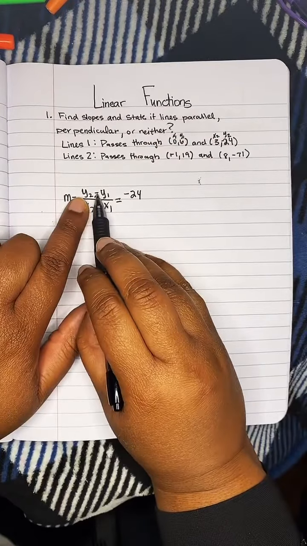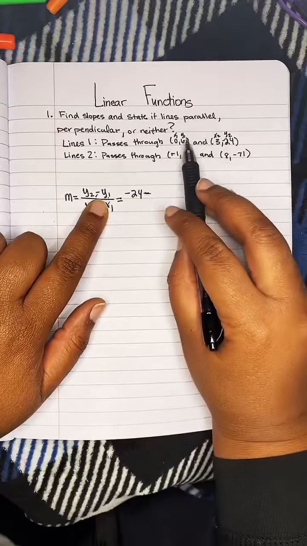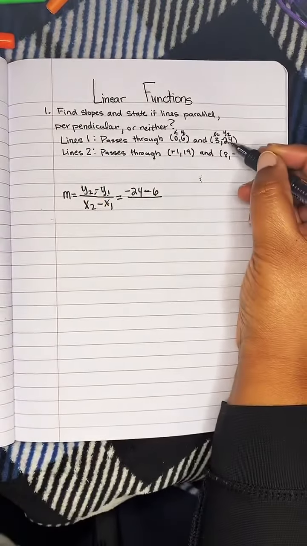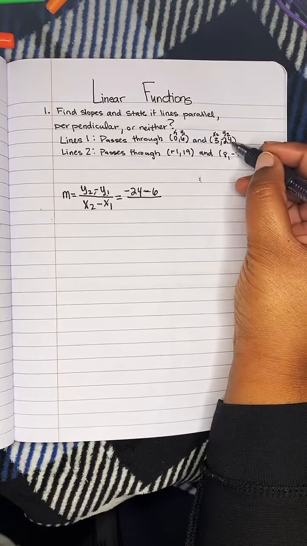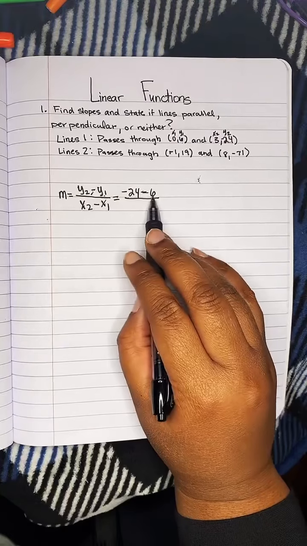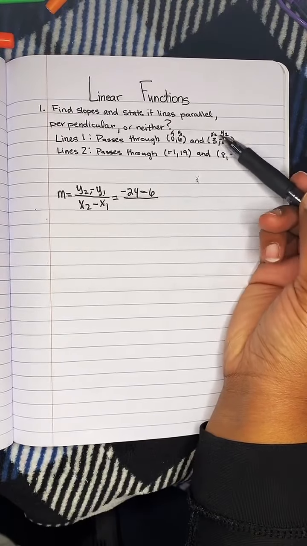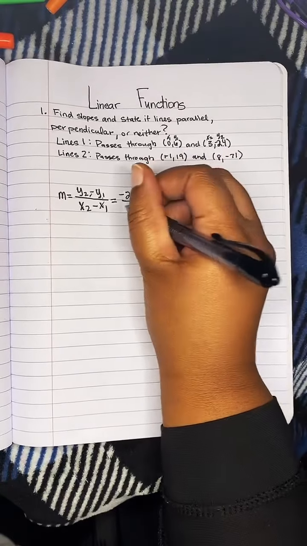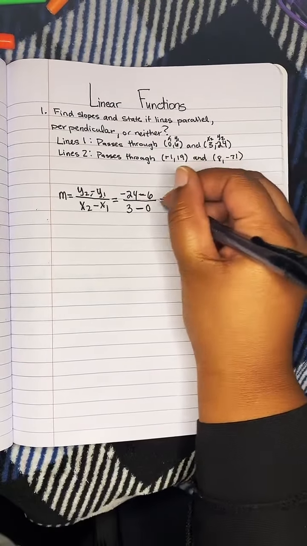My formula says minus, so I'm going to do minus. And then my y1, I said was 6. So you're taking your y's and subtracting them from each other. Then we take our bottoms, which is our x's. So I'm going to take my x2, which is 3, minus my x1, which is 0.